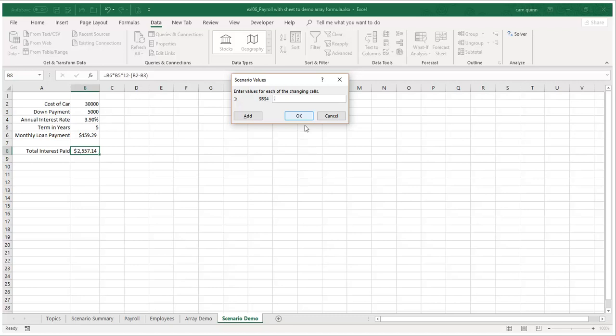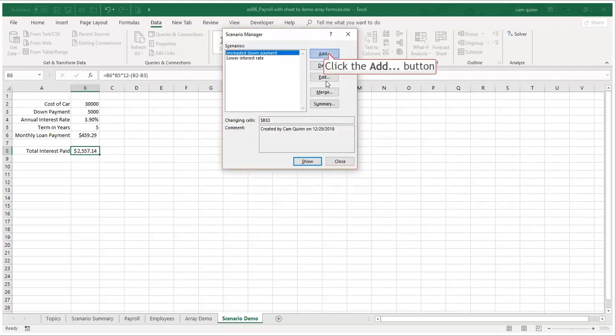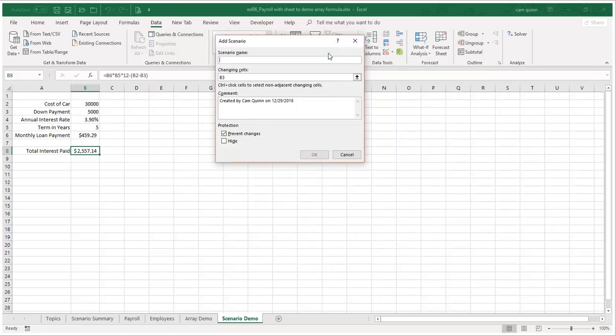All right, I'm going to create a new one. I'm going to call this Longer Term. So the cell that I'm changing is going to be my term. And I'm going to say, instead of going for 5 years, I'm going to go for 7 years.